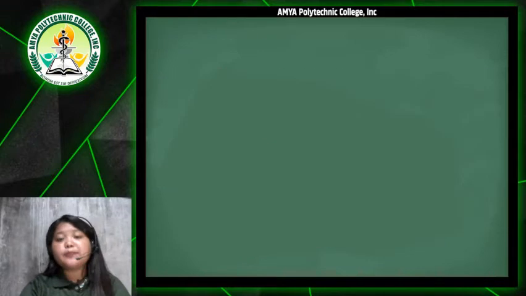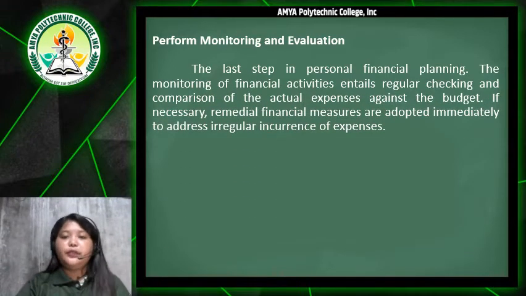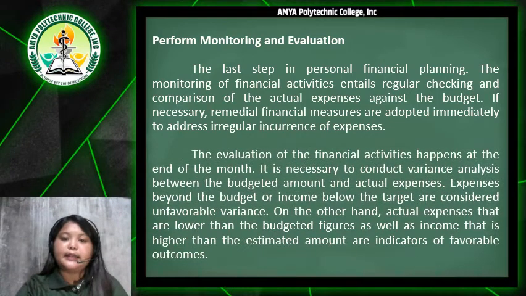So for perform monitoring and evaluation, this is the last step in personal financial planning. The monitoring of financial activities entails regular checking and comparison of the actual expenses against the budget. If necessary, remedial financial measures are adopted immediately to address irregular incurrence of expenses. The evaluation of the financial activities happens at the end of the month.